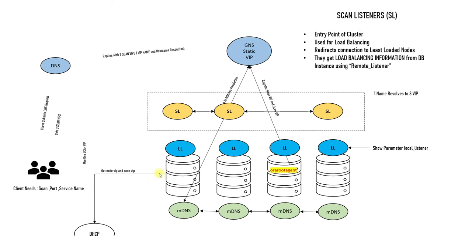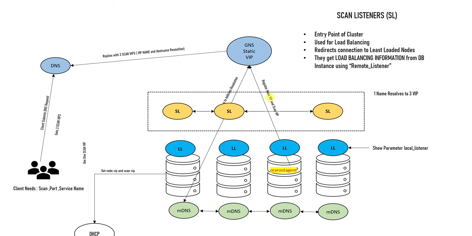As we all know, DHCP is serving the node virtual IP for each and every node and providing that to the GNS, okay, and Aura root agent is collecting that from DHCP and providing that to GNS, okay.